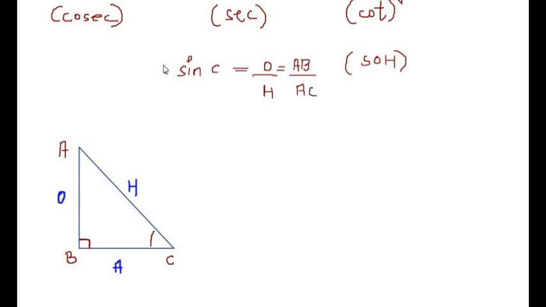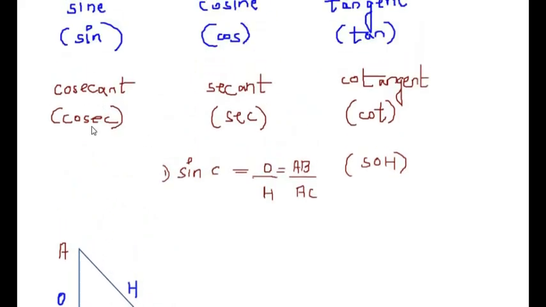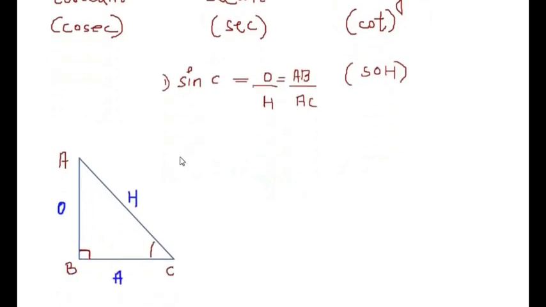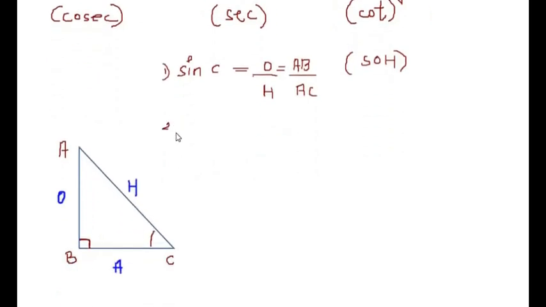Our first trigonometric ratio is completed. Now let me move on to its reciprocal, that is COSEC. Since I said it is the reciprocal, we can write it as COSEC C, because again the angle of concern is C, is equal to, I'm going to reciprocate it.